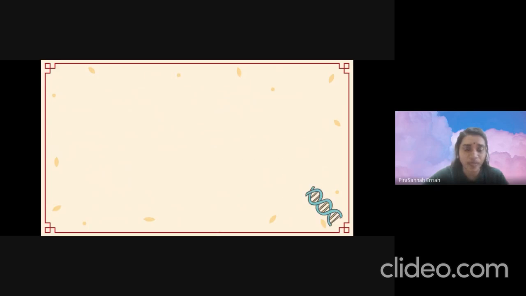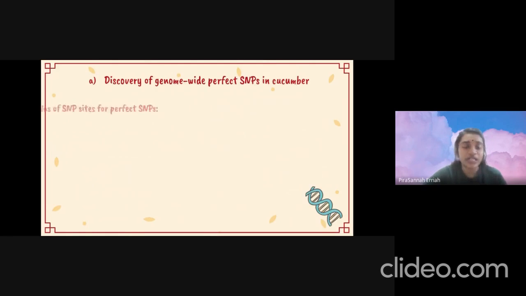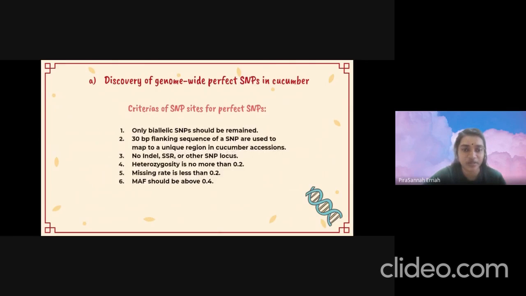The first one is the discovery of genome-wide perfect SNPs in cucumber. Here, about 6 criteria of SNP sites for perfect SNPs have been stated. The first one is that only biallelic SNPs should be retained. The second, 30 base pair flanking sequence of a SNP is used to map to a unique region in the cucumber genome, and there should be no indels, meaning insertions and deletions, and no SSR or other SNP locus.